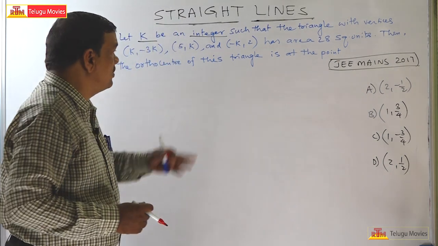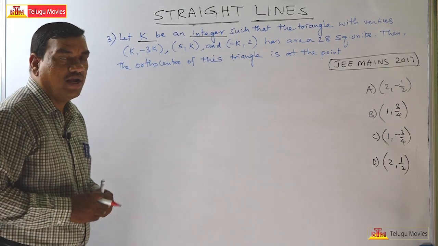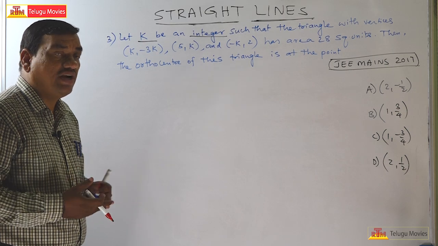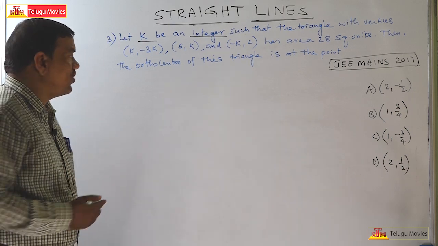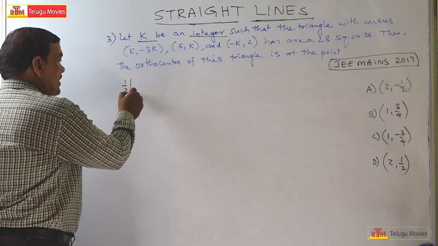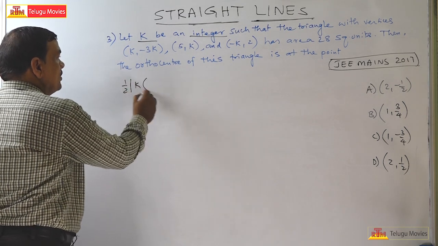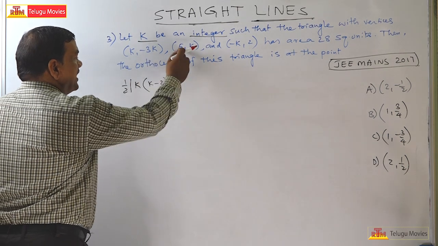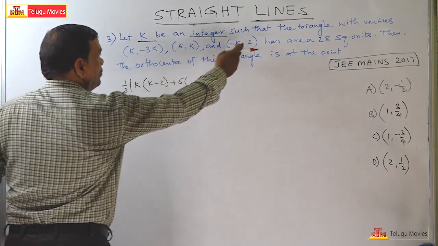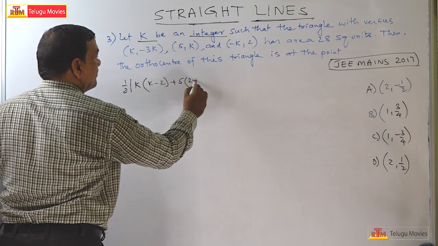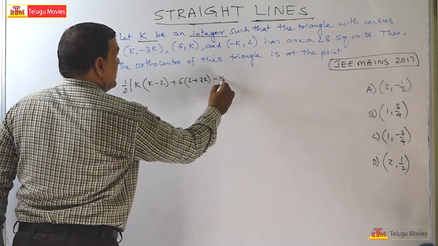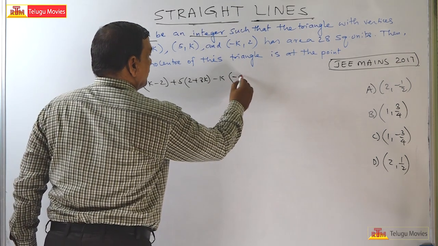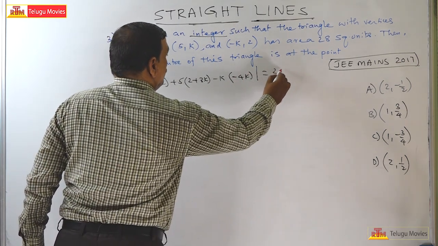So first find out the area of this triangle. Okay. So we know different methods we have. We can find out by the determinant method also. Otherwise the general formula: half modulus x1 into k minus 2, plus y1 into 2 plus 3k, minus k into minus 3k minus k, minus 4k is equal to 28.